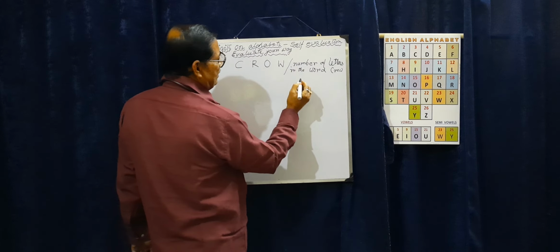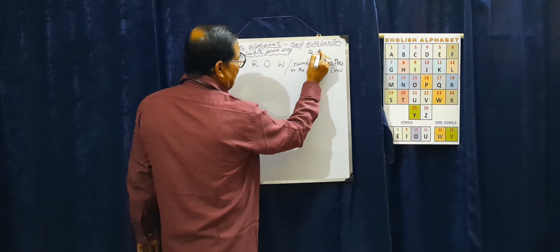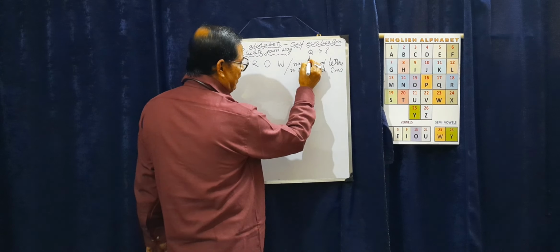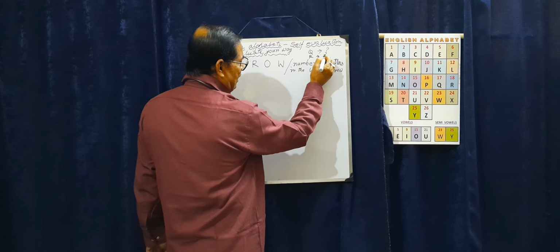Here quotient is a question mark and remainder is a question mark.